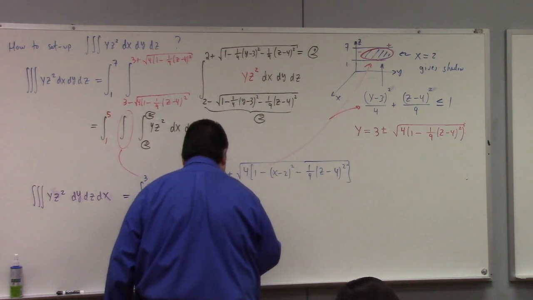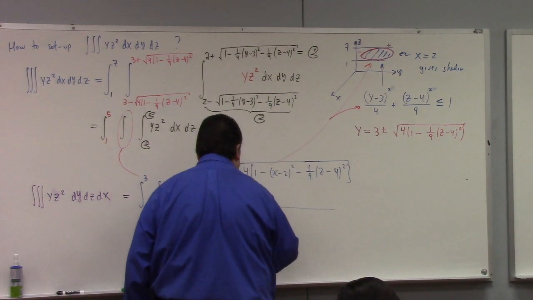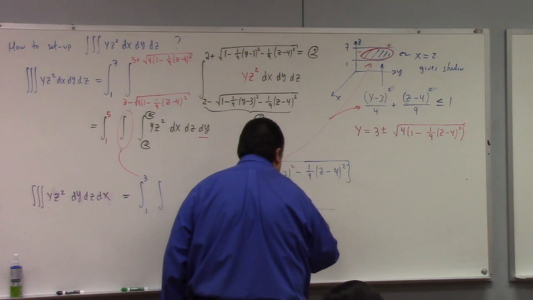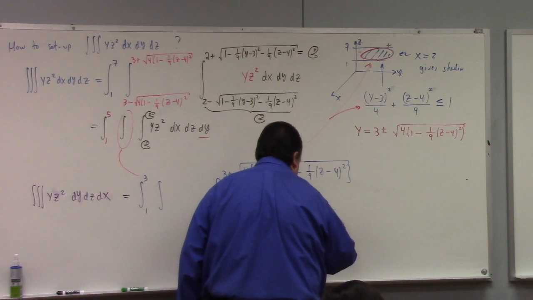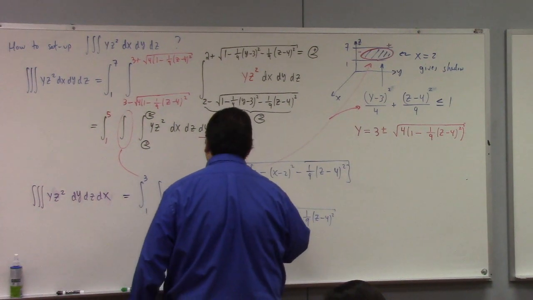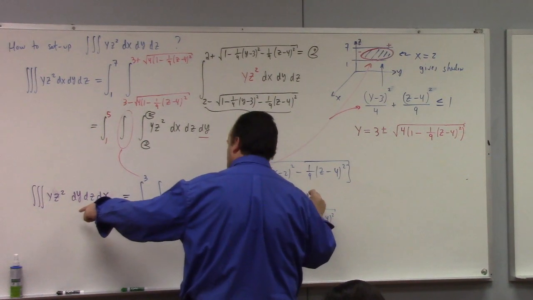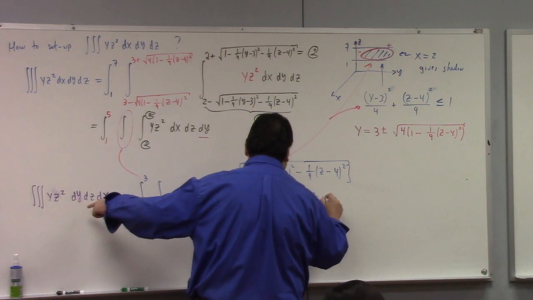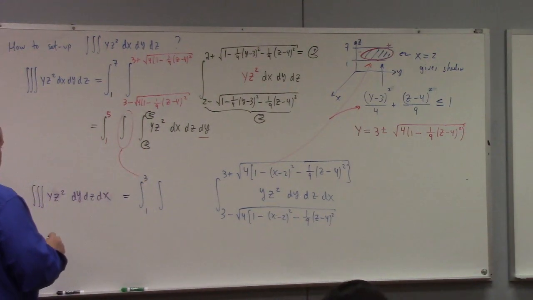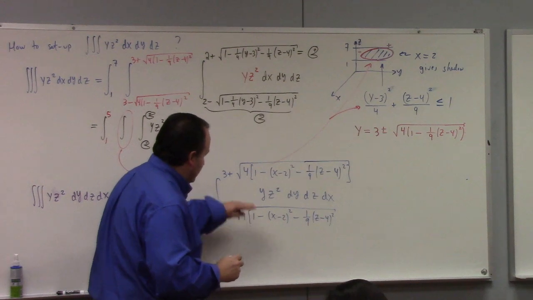And then down here 3 minus that radical, which I probably should have given a name, but it's too late. All right. Let me not forget my yz squared, and we've got our dy, dz, dx in here. So my dx ranges from 1 to 3. My y ranges from this to that.